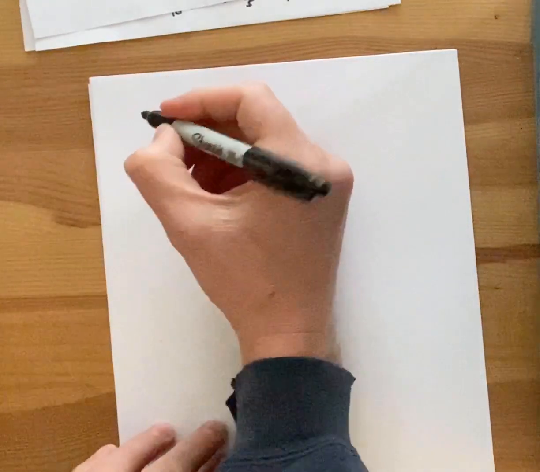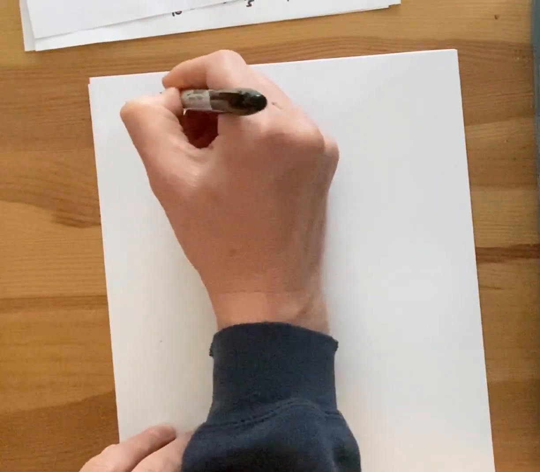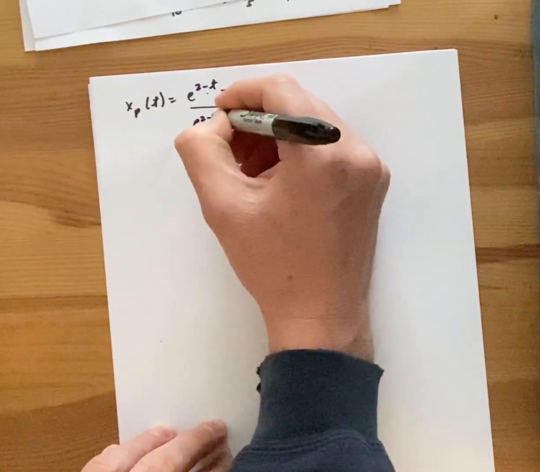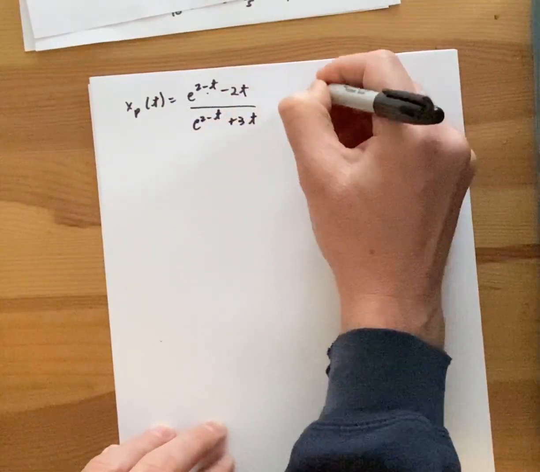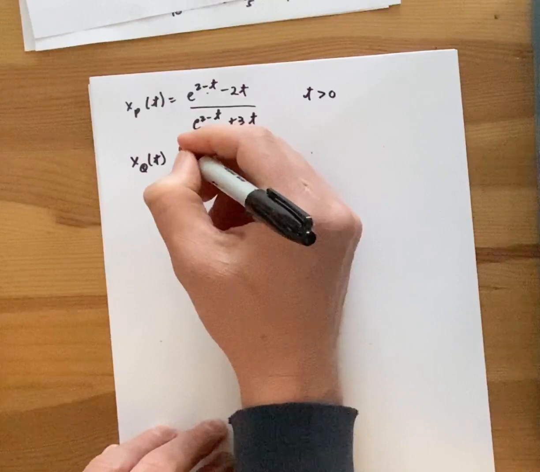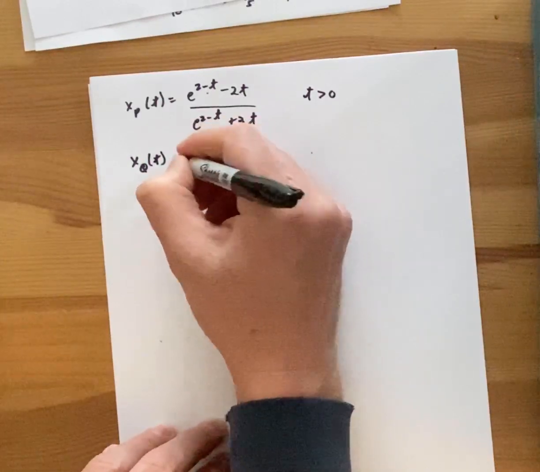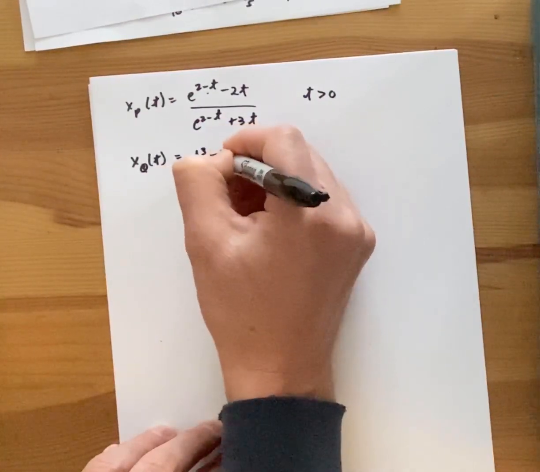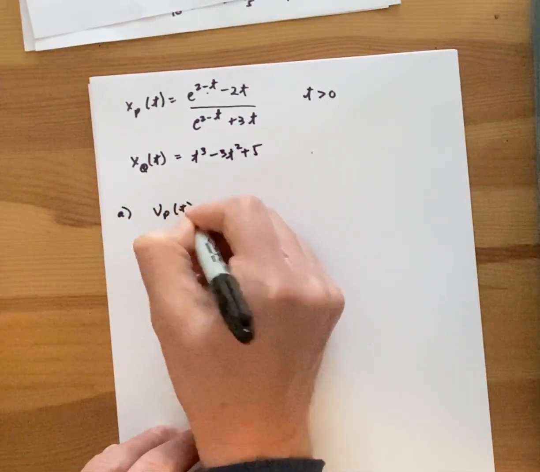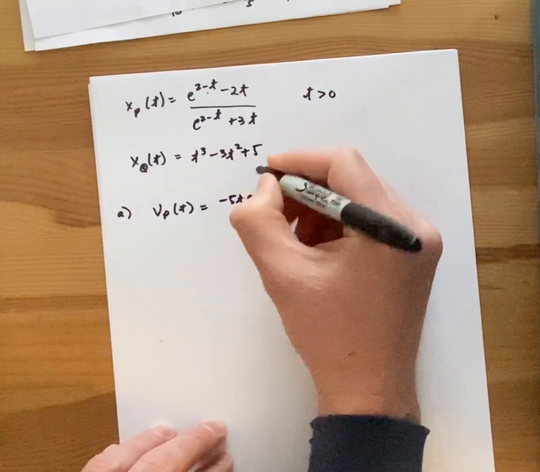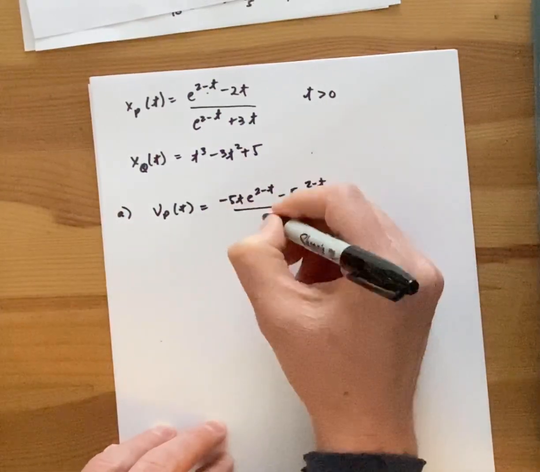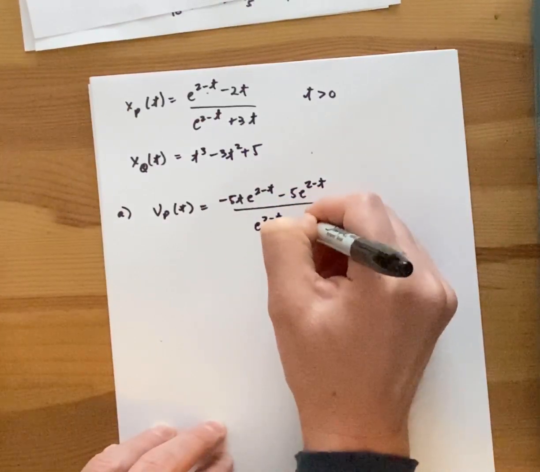So question number 2, they give you a couple equations of particle P and particle Q. Okay, we want, in part A, to show that the velocity of P is going to be this: negative 5t e to the 2 minus t minus 5 e to the 2 minus t all over e to the 2 minus t plus 3t squared.